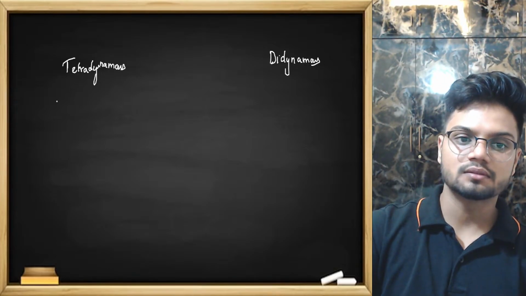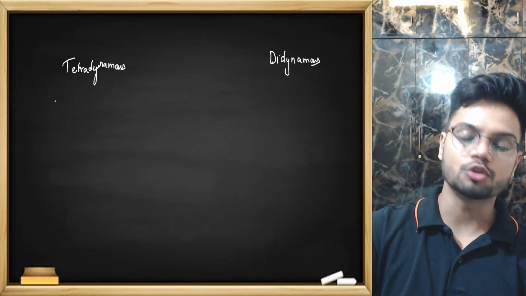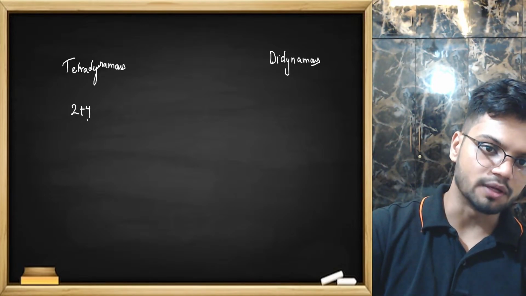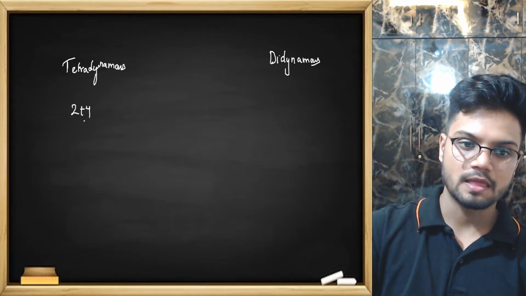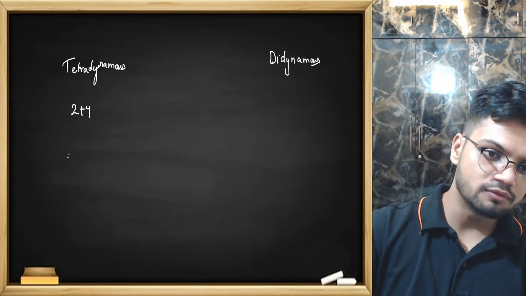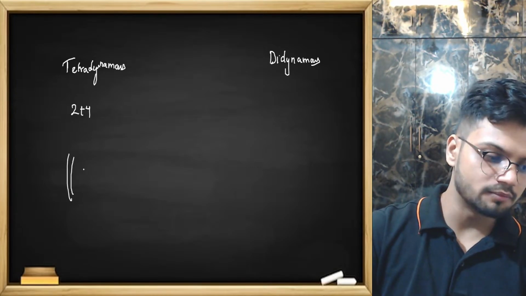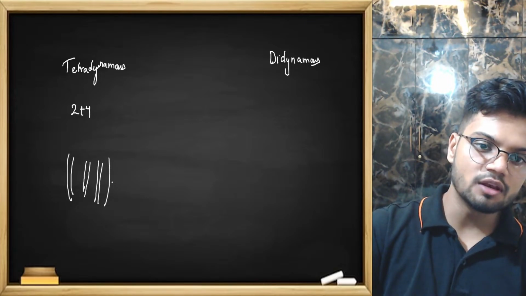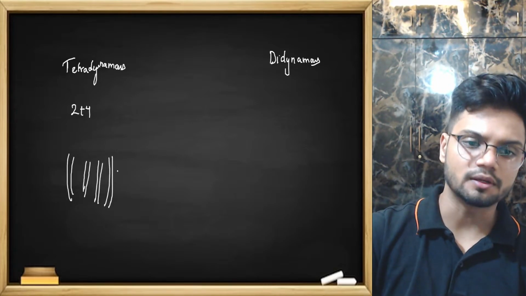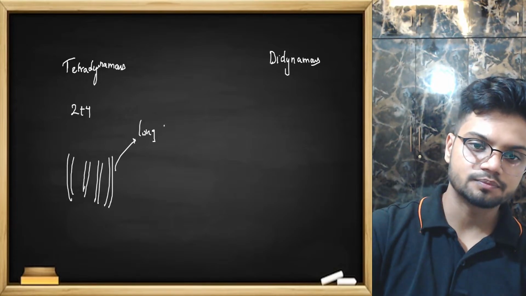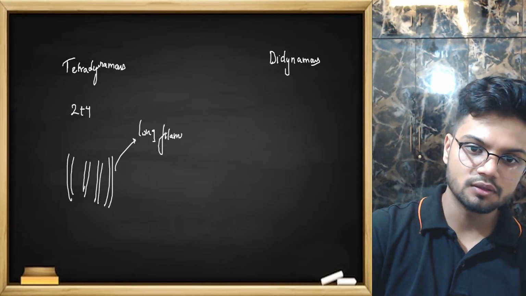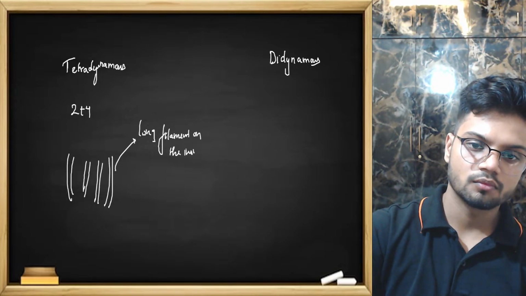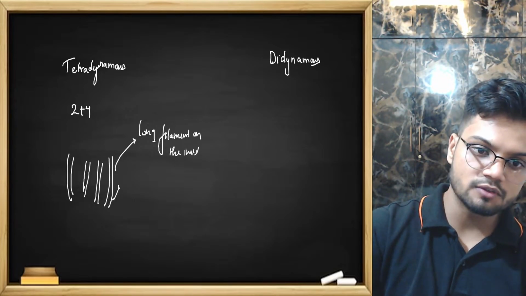In tetradynamous condition, we have something called a 4 plus 2 arrangement of stamens. For example, the 4 stamens on the inside are very long filaments. Long filaments on the inside, while the 2 short filaments will be on the outside.